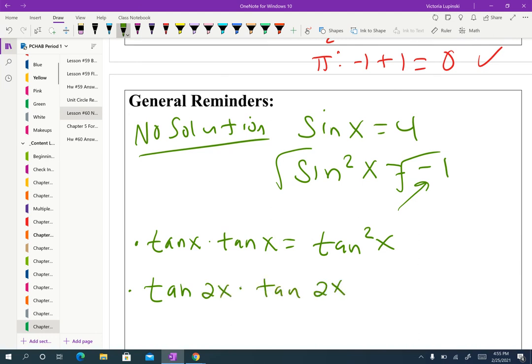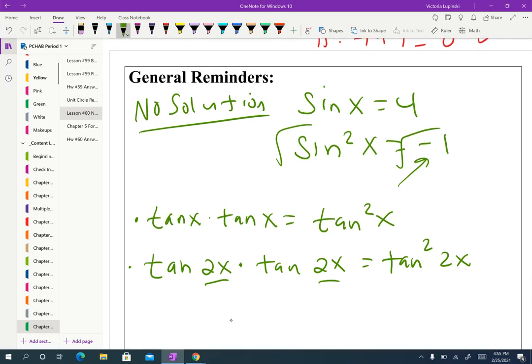When it comes to multiplying, if these are the same, you can multiply that to be tangent squared of 2x. The only thing you can't do is multiply the tangent of 1x times the tangent of 2x. You can only multiply them if they have the same angle inside, 1 and 1, 2 and 2, but you can't mix and match them if they don't agree, and that's really more for the third day.